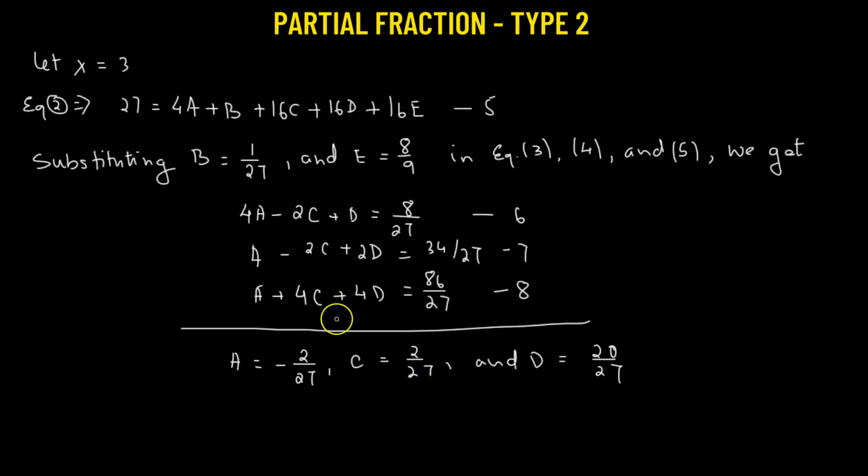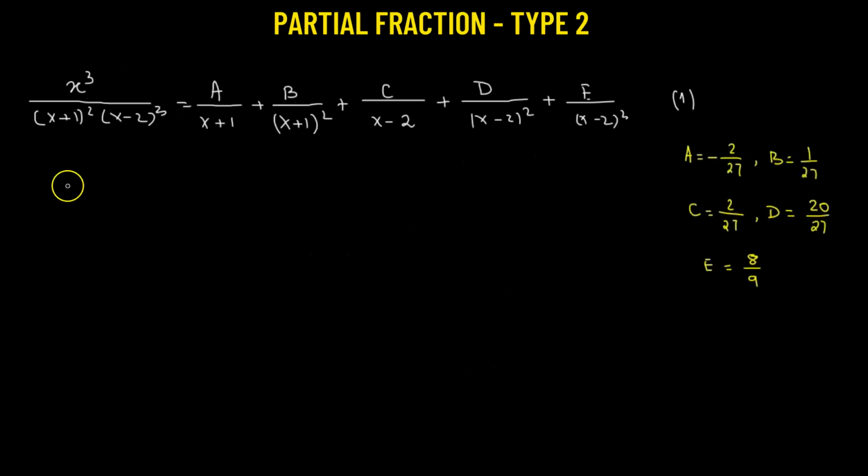We will substitute them back into equation number 1. So therefore we have x cubed divided by (x plus 1) whole squared multiplied to (x minus 2) whole cubed. Our first partial fraction will be negative 2 divided by 27 times (x plus 1).